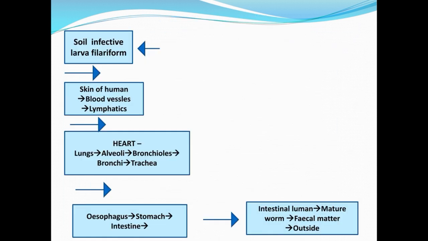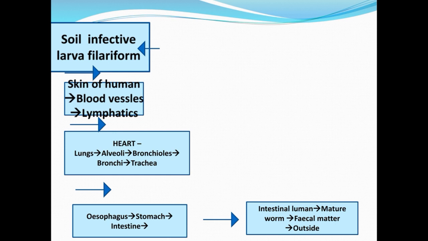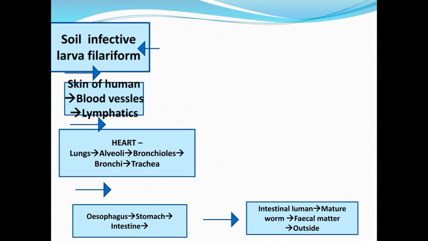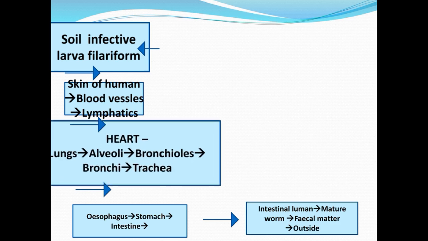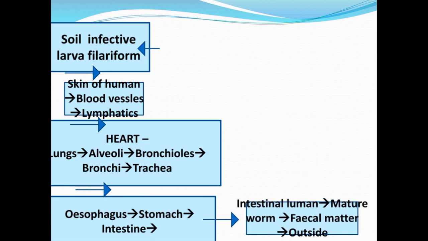So you can see the different stages: the infective stage, which is the filariform larva, is present in the soil, then it enters through the skin into the human being and into the blood vessels, lymphatics, heart, lungs, alveoli, bronchioles, bronchi, trachea, and then enters the esophagus, stomach and intestine. In the intestinal lumen, it matures and mates, and again fertilized eggs are formed, which are released to the outside.